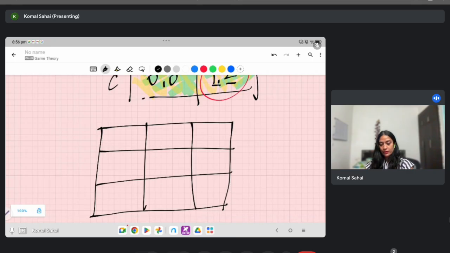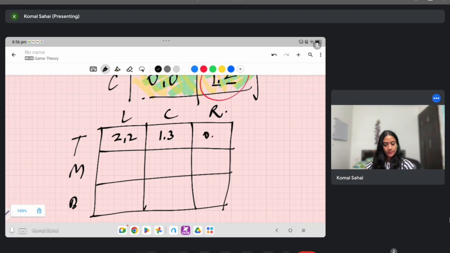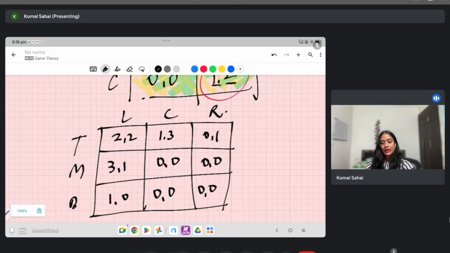Right, so you have left, center and right as the action set of player 2, and for player 1 you have top, middle and bottom. So now the action sets are not equal. These are the payoffs for every combination. Now I'm not going to highlight, I'm just going to keep on underlining, right?